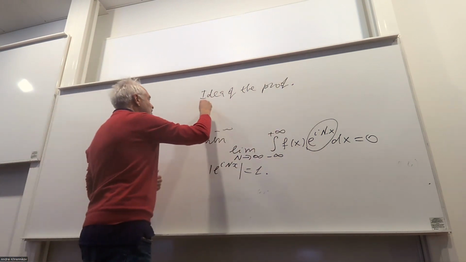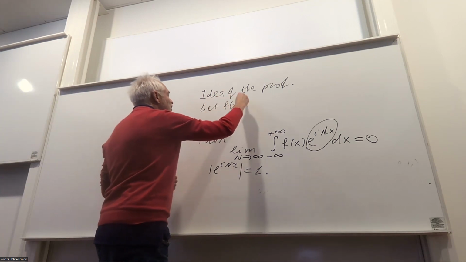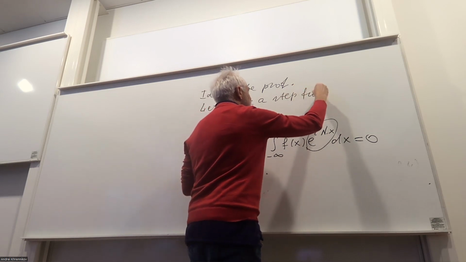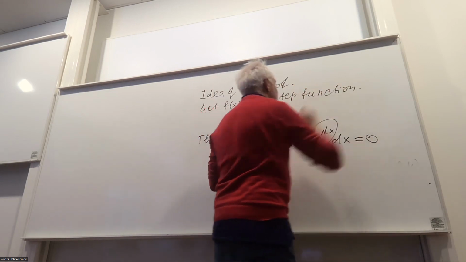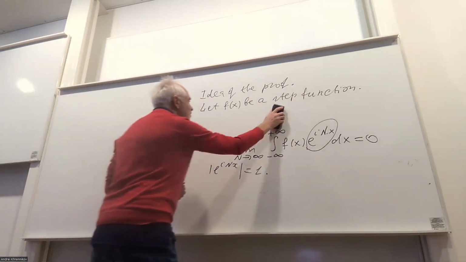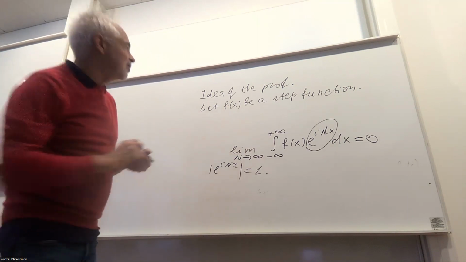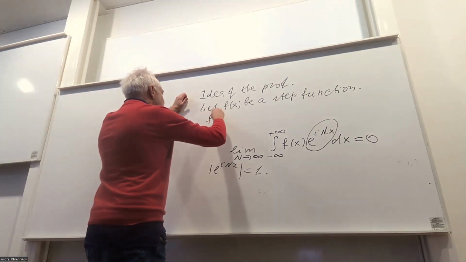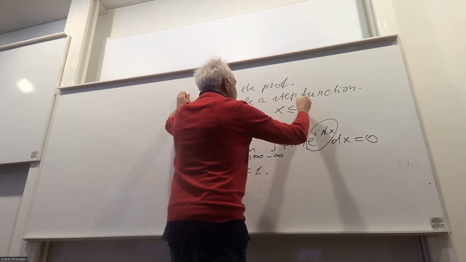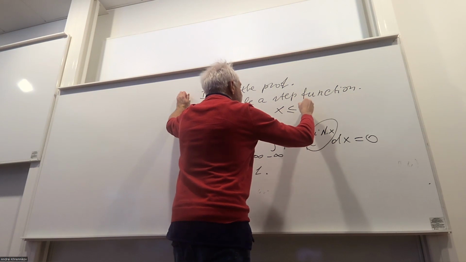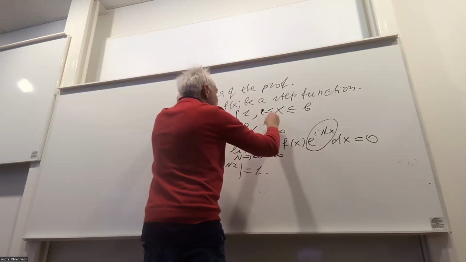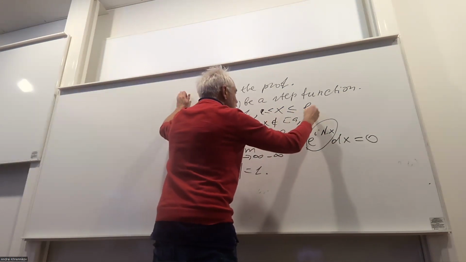So let f(x) be a step function. For example, it is 1 on some segment and 0 outside it. So f(x) equals 1 for x in [a, b], and 0 for x not in [a, b].